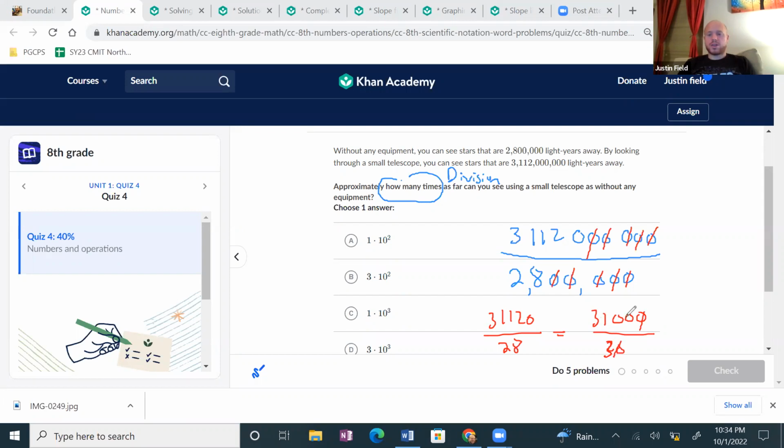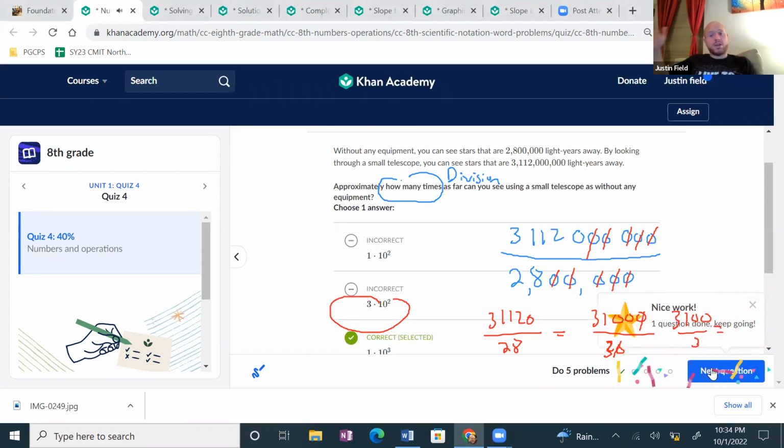So then that would be 3,100 over 3, which would be like 1,000, right? So I'm gonna say C. But that's just approximating. So let's make sure I get it. I got it. Okay, we can all agree.